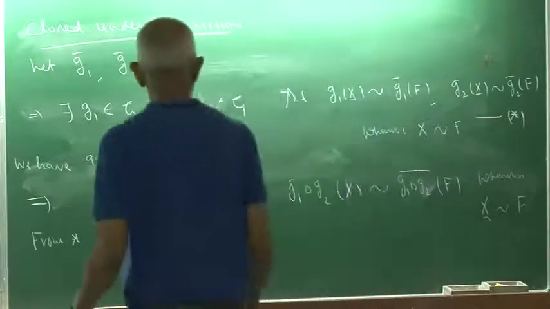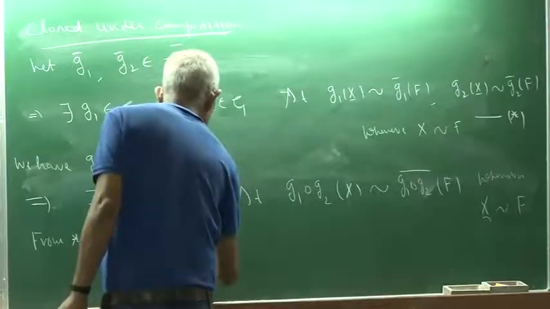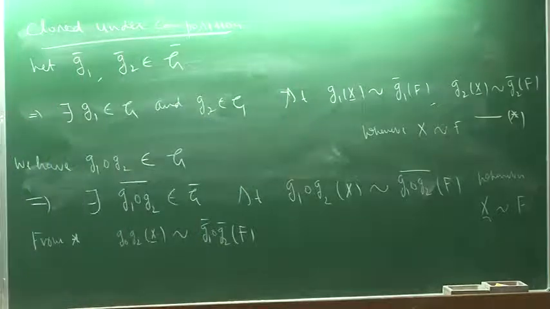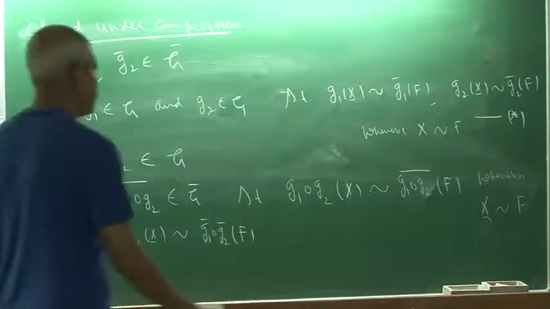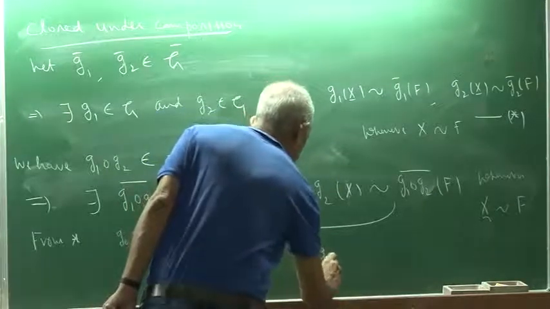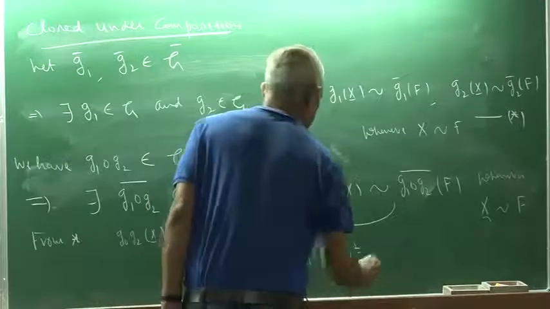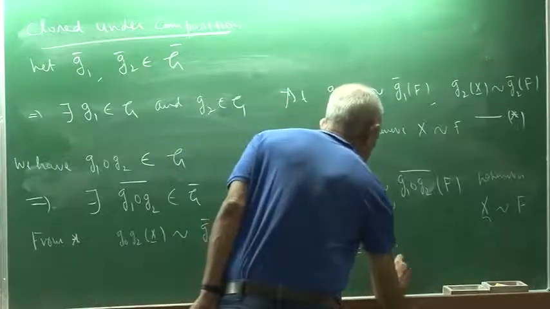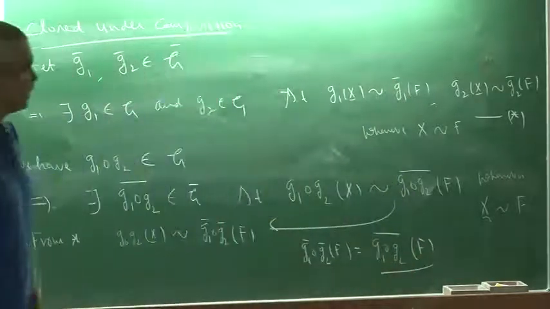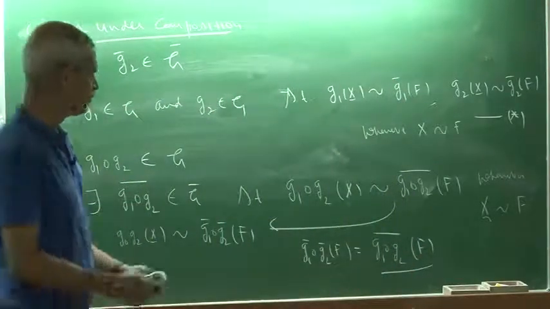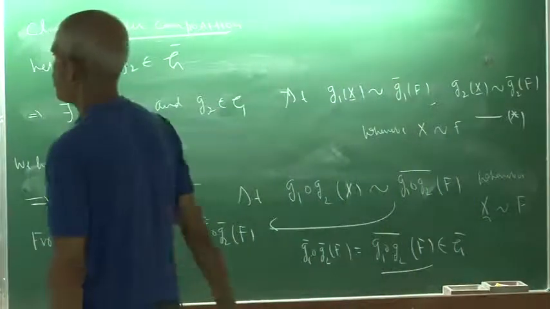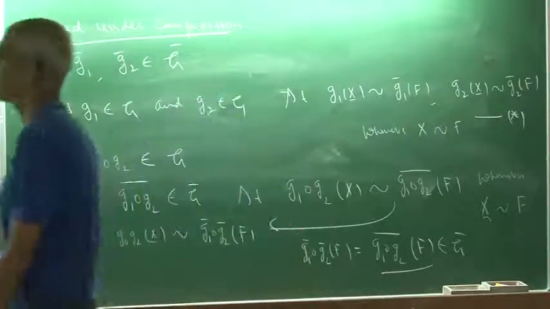So this would have G bar 1. So I leave this as an exercise. There is just a slight subtle argument. Now these two would imply that G bar 1 dot G bar 2 f is the same as G bar 1 composition G bar 2 f. But this we have already shown is in P, is in G bar. So that means G bar 1 composition G bar 2 is in G bar.